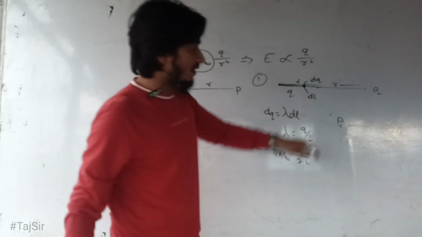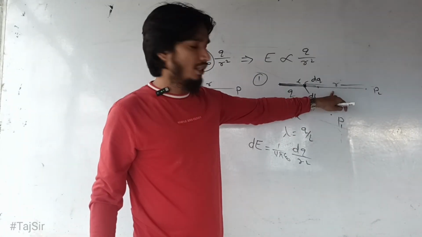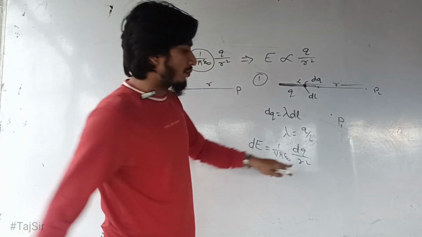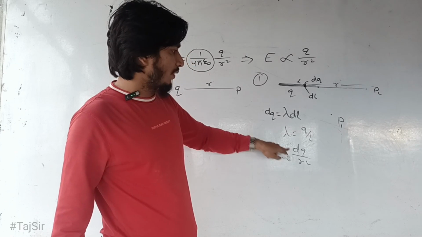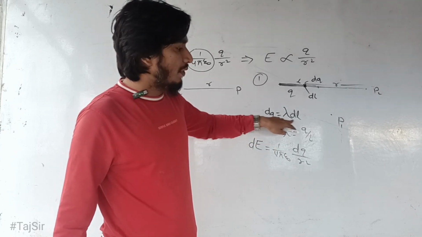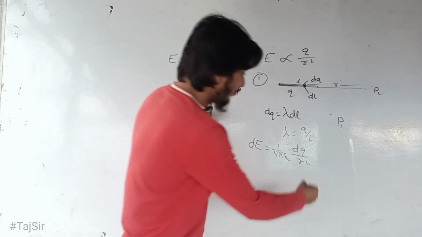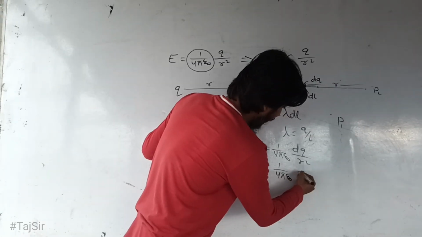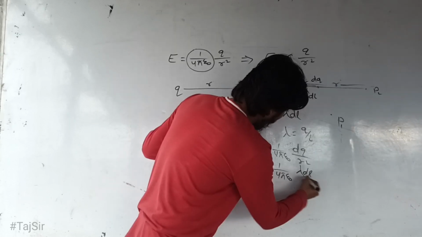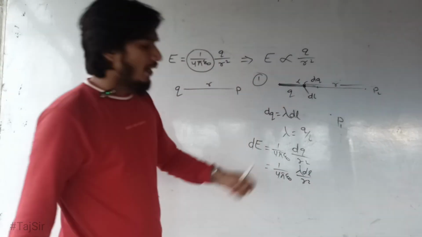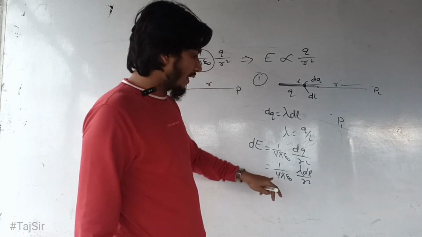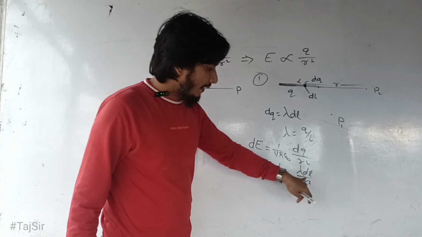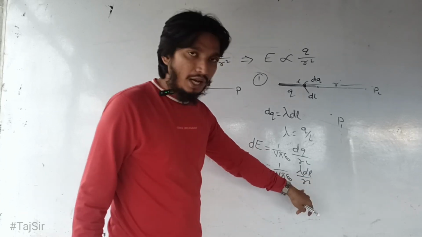And remember one thing, this r is variable as I have already described. So we substitute dq as lambda dl, and we get 1 upon 4 pi epsilon naught lambda dl by r square. In this expression 1 upon 4 pi epsilon naught is constant, lambda is also constant, and we are left with dl by r square.